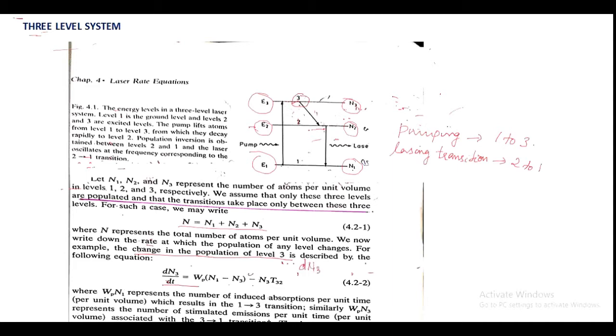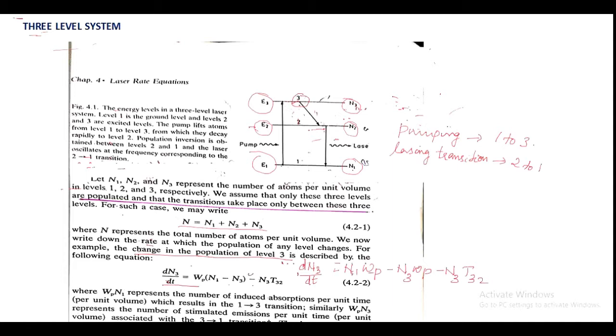It is obtained as follows: dN3/dt equals N1 Wp minus N3 Wp minus N3 T32. On simplifying, we get dN3/dt equals Wp (N1 minus N3) minus N3 T32.